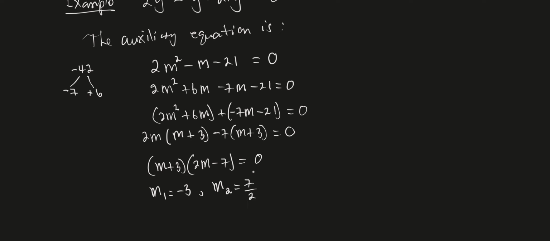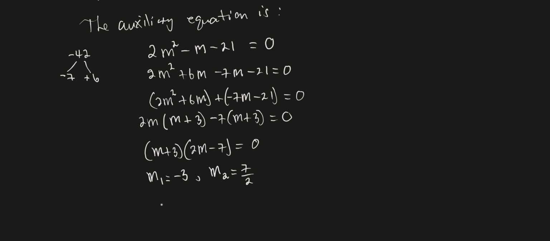So what this means now, we found our two functions. We found y1, it is e to the negative 3x, and y2 is e to the 7 over 2 x. And notice, these two are not scalar multiples of each other. There's no constant that I can multiply e to the negative 3x by and get e to the 7 halves x. So these are linearly independent, and that's what we need.